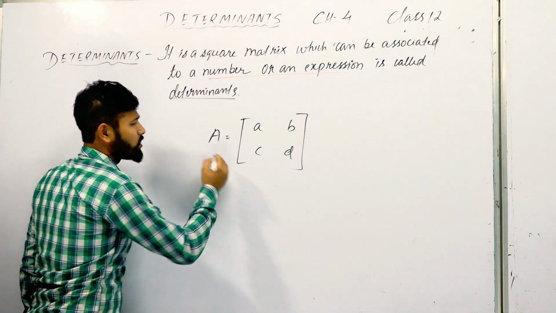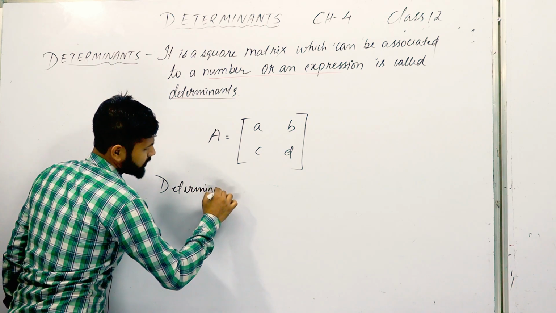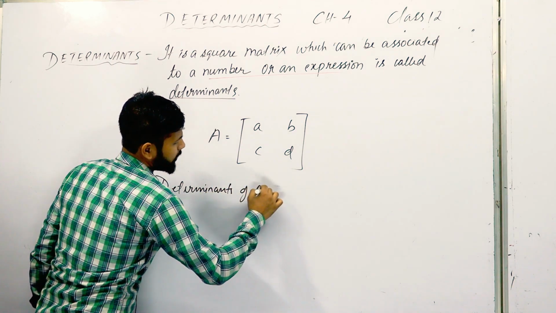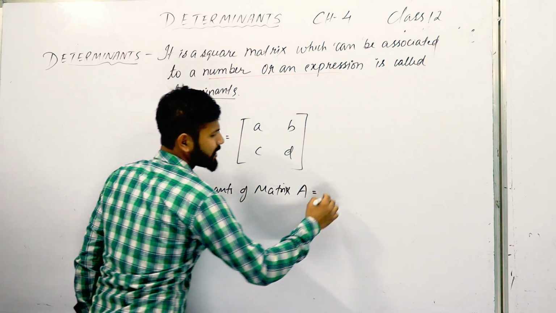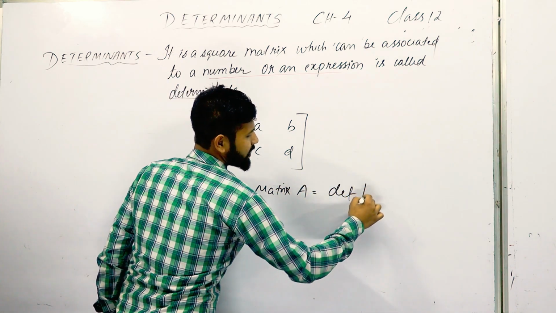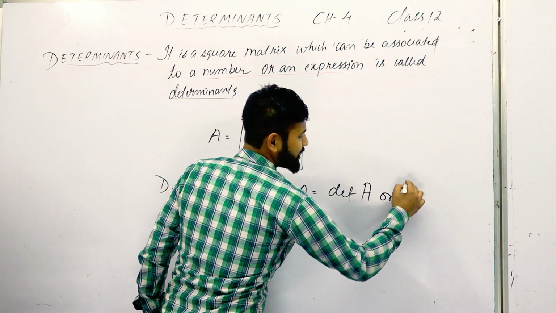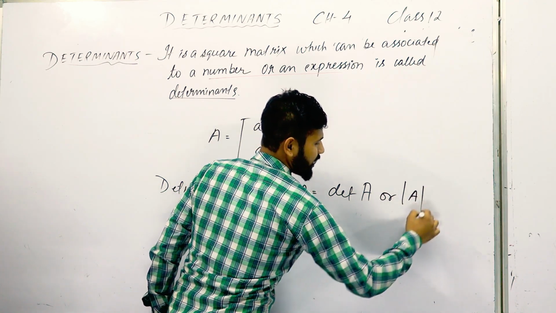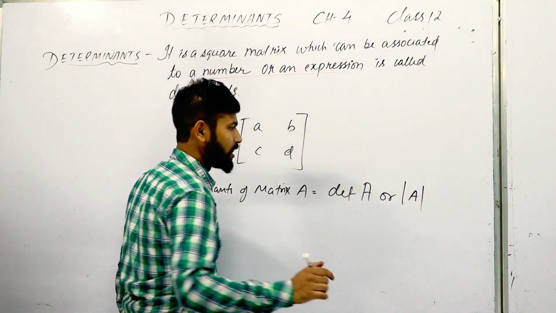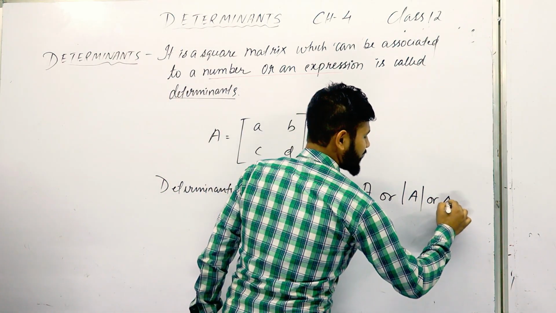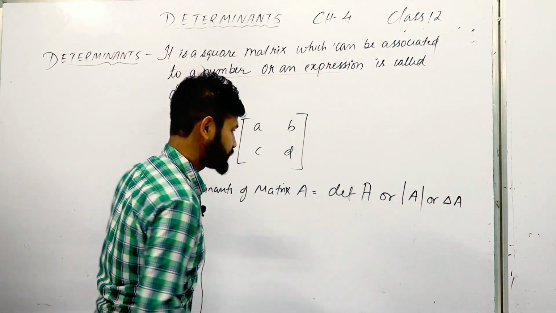To find the determinant of matrix A, we write det A, which means determinant of A, or we can write it using this modulus-like symbol, though we do not refer to it as modulus. Or we can say it is delta A. This delta also means determinant.